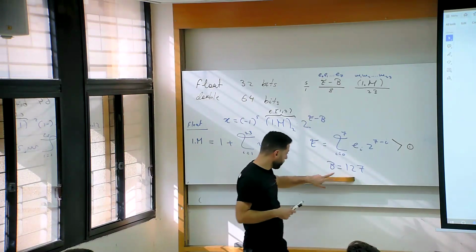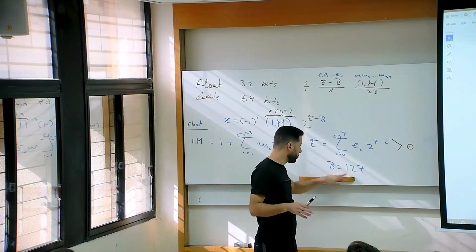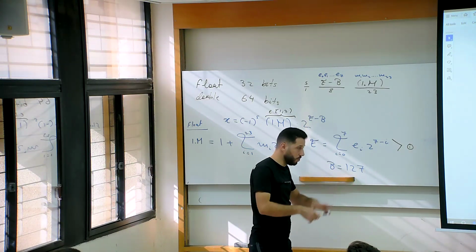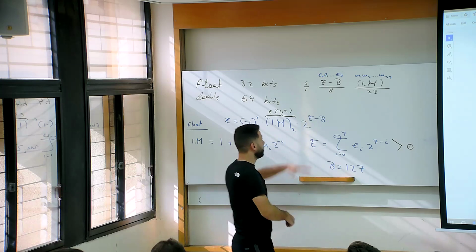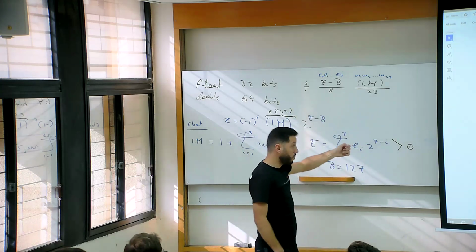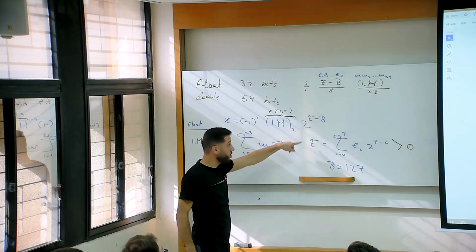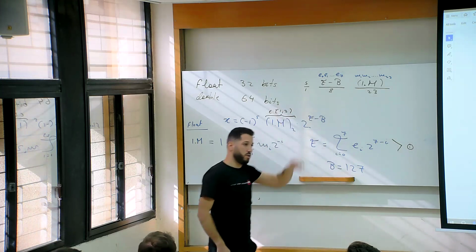How do I do that? I fix a number called the bias. For float I know the bias is 127, and if I give you a string of bits like this, the number that it represents you can calculate like this, where b is 127.